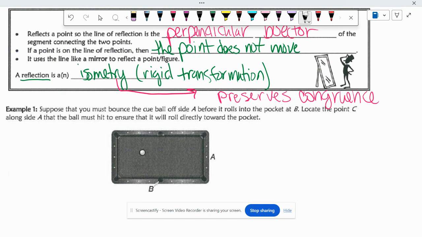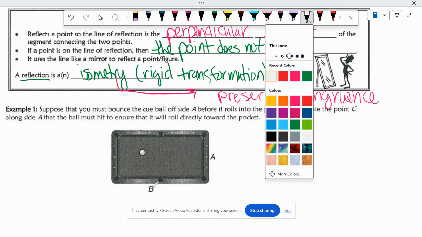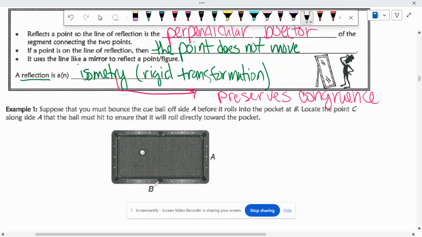I need it to be a little tiny point. You want to pick a point such that the distance from the cue ball to point C and the distance from point C to point B are the same.